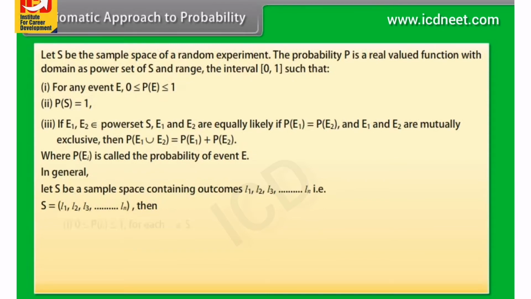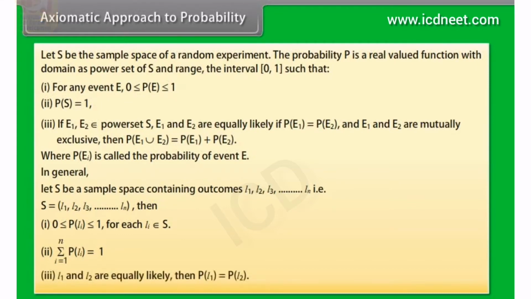Then 1. 0 is less than or equal to P(Li), which is less than or equal to 1, for each Li belonging to S. 2. Summation of i equal to 1 to n of P(Li) is equal to 1. 3. If L1 and L2 are equally likely, then P(L1) is equal to P(L2).